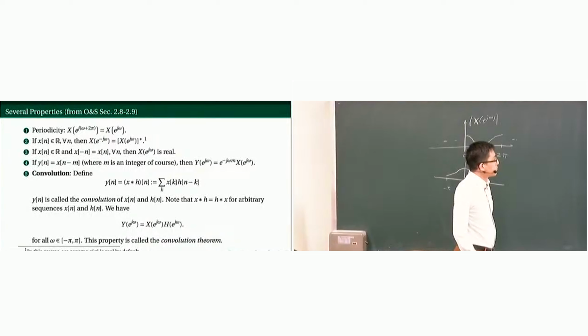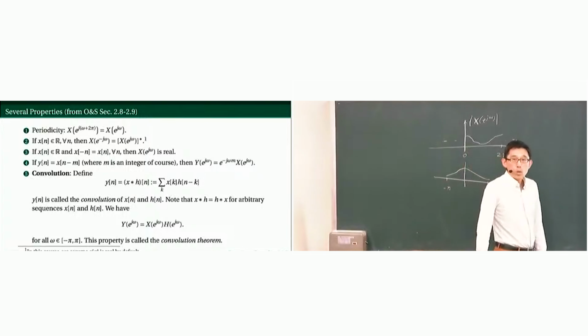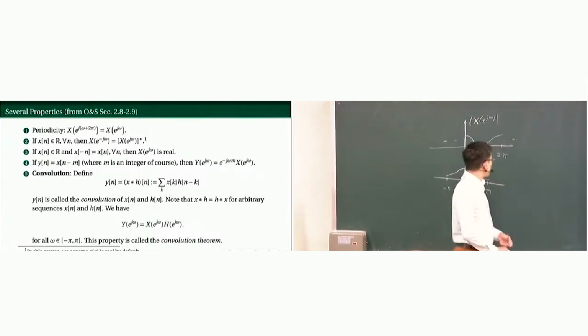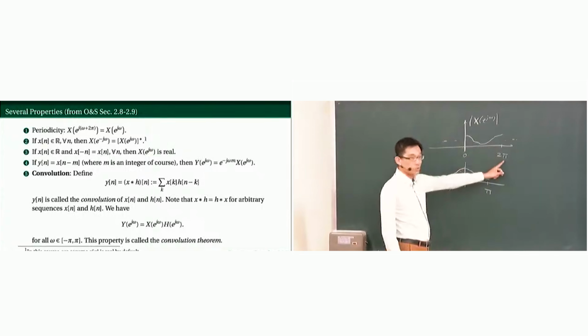So what's the implication? What's the implication of property number 2? If I ask you to plot the magnitude spectrum again, for a signal that you know is real, what's the consequence? 后果是什么? Do you really need to plot from 0 to 2 pi?